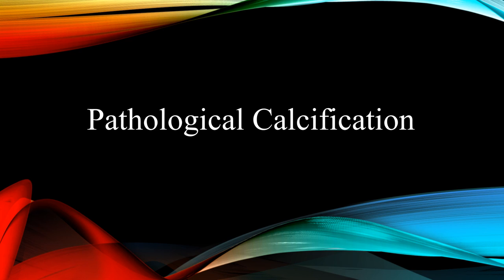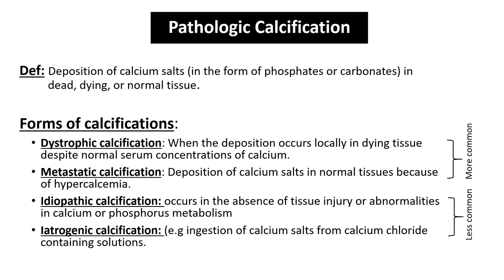Pathological calcification. We can discuss disturbances in minerals metabolism. So, what is pathological calcification? It's a deposition of calcium salts. Whenever I say salts, it means maybe calcium plus phosphates or carbonates or magnesium or iron.